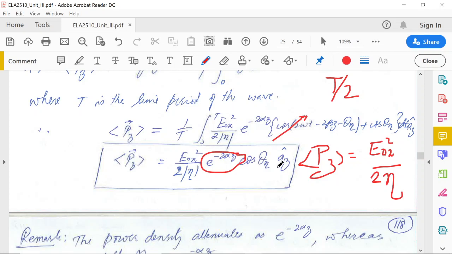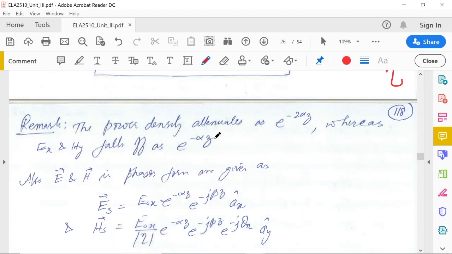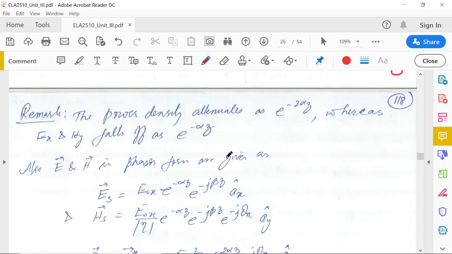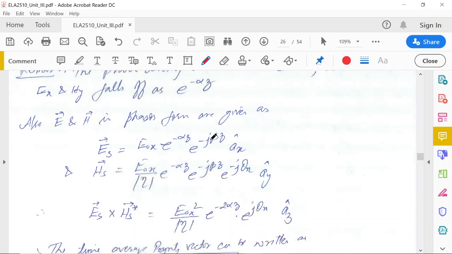The power will not decrease but will remain constant at every point in space for the uniform plane wave. For spherical and other waves, there are different scenarios. Here the power density decays as e to the minus 2αz, which I already discussed, where E and Hy fall off as e to the minus αz.